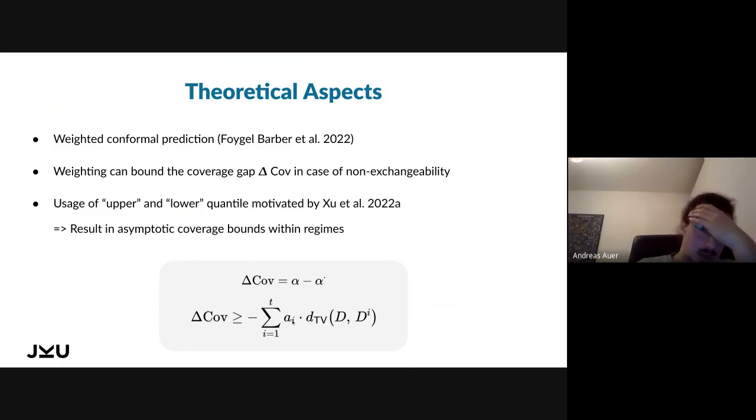That would get kind of messy, I guess. This is from the weighted conformal prediction paper. I just wanted to show that we don't just come up with weighting, but rather this makes sense. In theory, if you set these weights right, then actually you can bound this. That's the main point here.